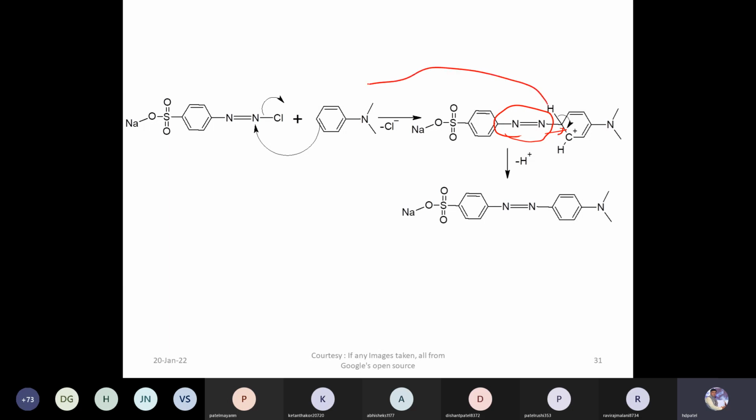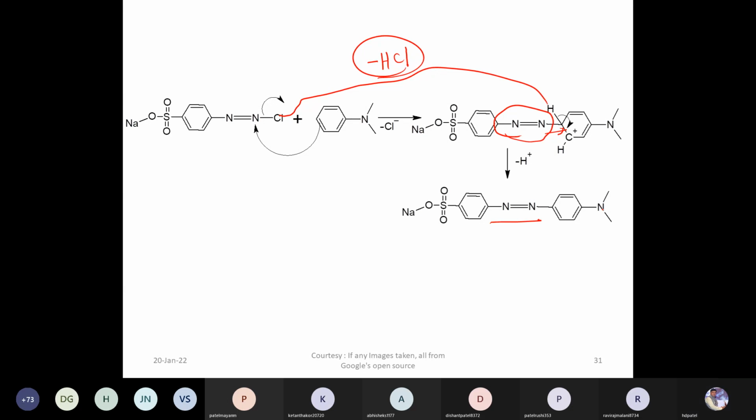This proton will bind with the Cl, so here we can say HCl is eliminated during the reaction. If small molecules are eliminated during the reaction by combining two big molecules, then we can call it a condensation reaction, and finally we will get this compound with N double bond N. So this is called methyl orange.